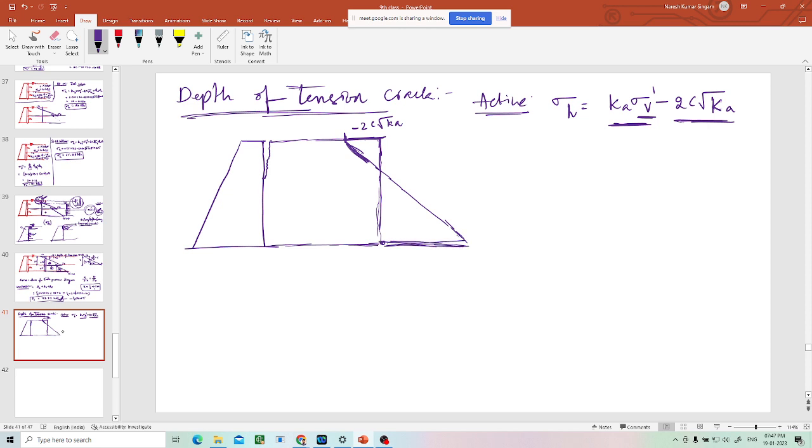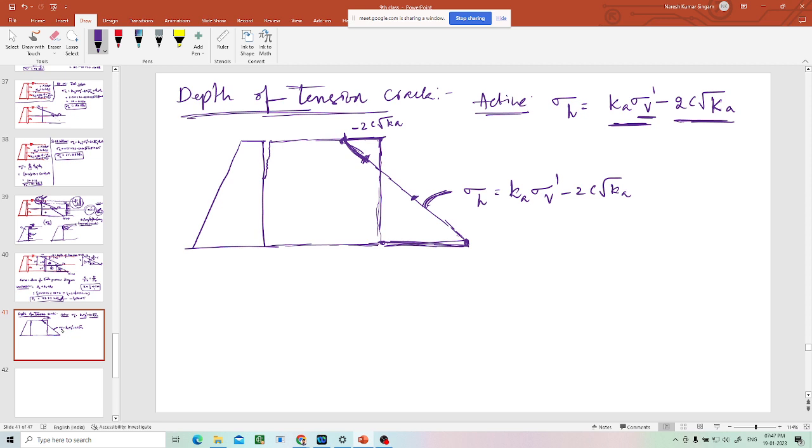Then you will connect them. What is this line equation? This line equation is nothing but sigma h equals Ka sigma v dash minus 2c root Ka. You are calculating and putting the value here at some depth, and at another depth you are calculating and putting that.